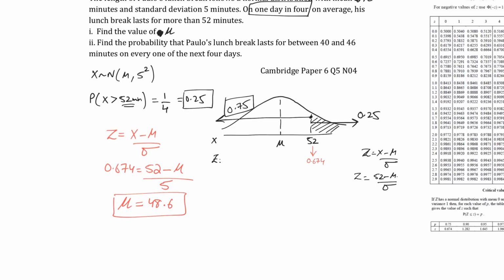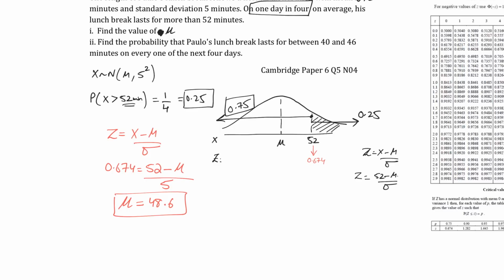In the second part, they are saying find the probability that Paulo's lunch break lasts for between 40 and 46 minutes on every one of the next 4 days. So now we know the mean, that is 48.6.